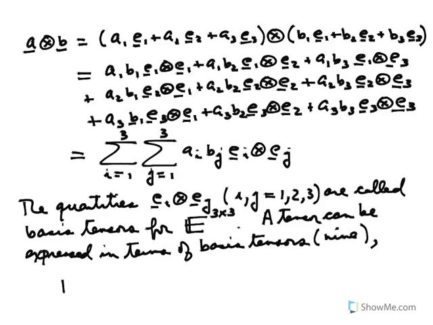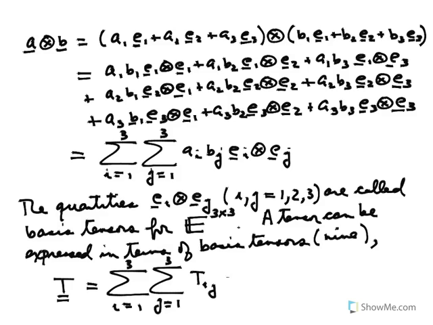We can say that a general tensor T can be written as the sum from I equals 1 to 3 of the sum from J equals 1 to 3 of Tij Ei circle cross Ej. In the case of the tensor product between two vectors A circle cross B, these coefficients Tij are equal to Ai multiplied by Bj. But in general, they're just some coefficients Tij, and I and J run from 1 to 3.